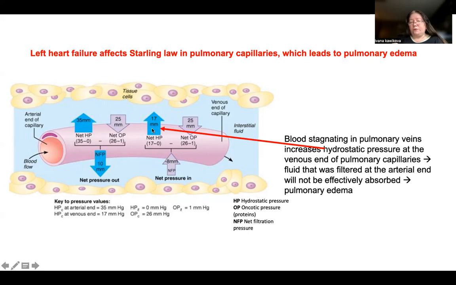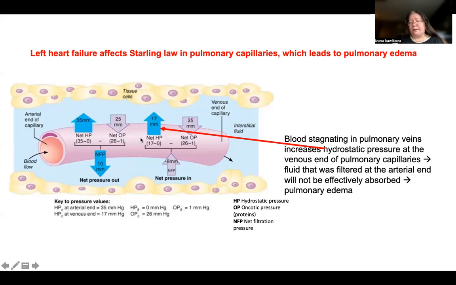And if you already went through the recording on the Starling law on capillaries, you know that this drop in hydrostatic pressure as the filtration occurs at the arterial end, the drop will not be favorable for absorbing the fluid that was filtered at the arterial end of the capillary.